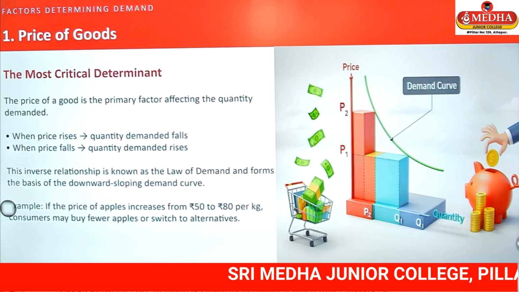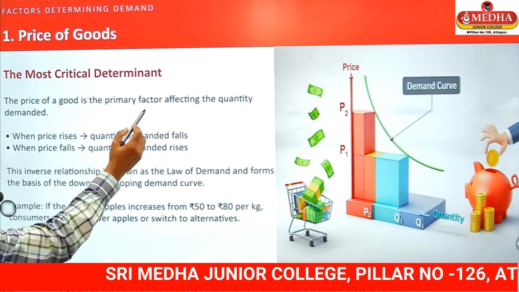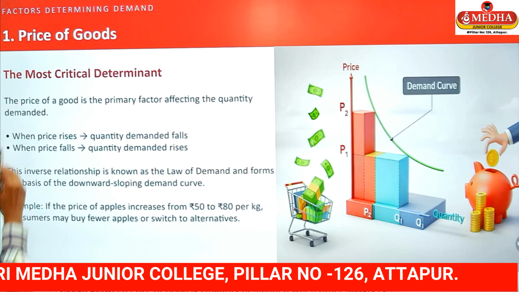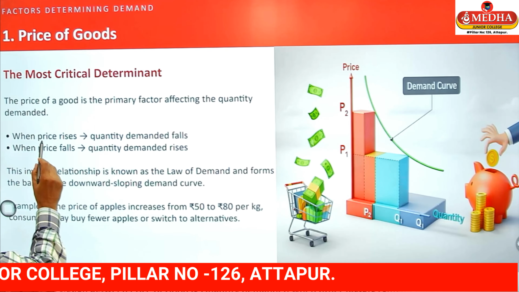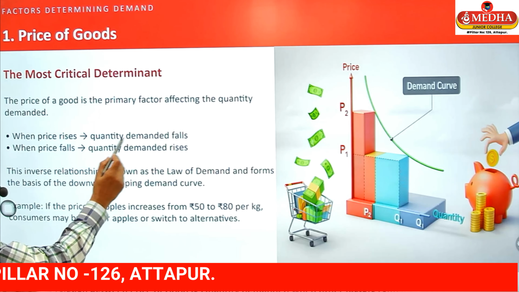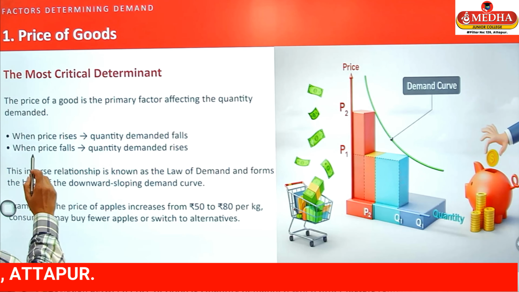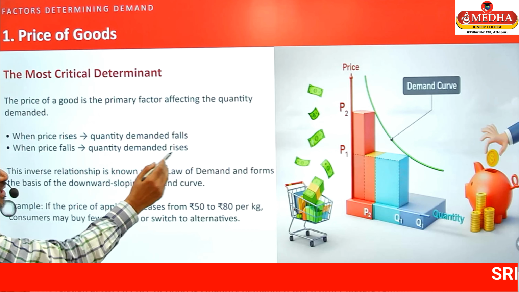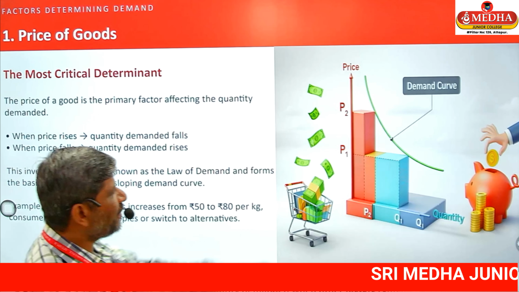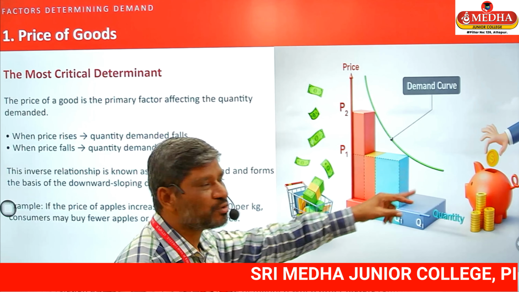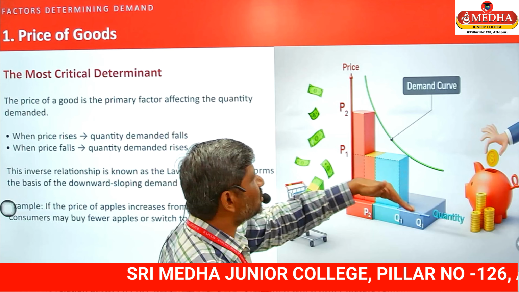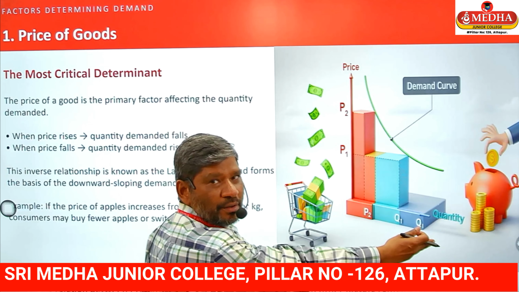Price of goods, PX, is changing. The price of goods is the primary factor affecting the quantity demand. When price rises, quantity demand falls. Price falls, quantity demand rises. Here we have seen the demand curve is sloping downwards from left to right.